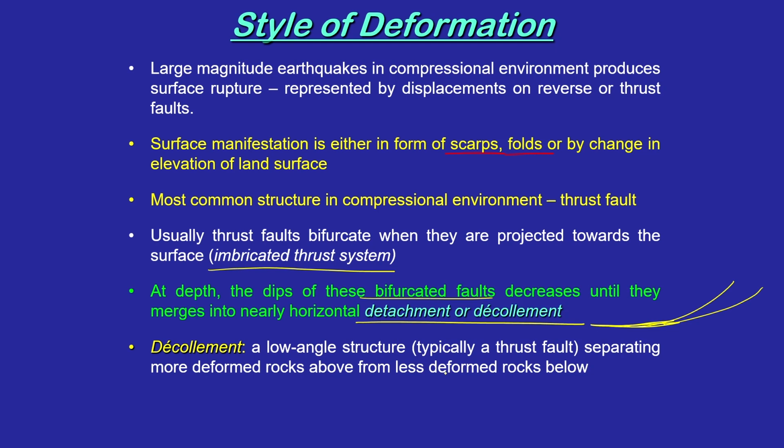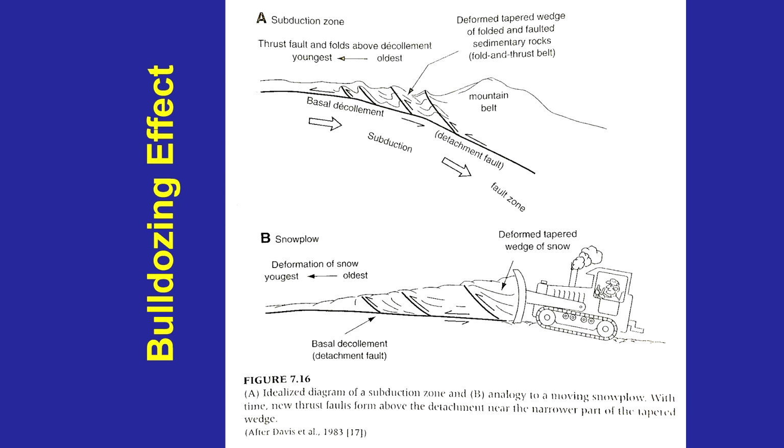So, you have more deformed rocks here than less deformed rocks here. Now this is related to the ongoing deformation in the Himalayas also, because the process remains almost similar here.